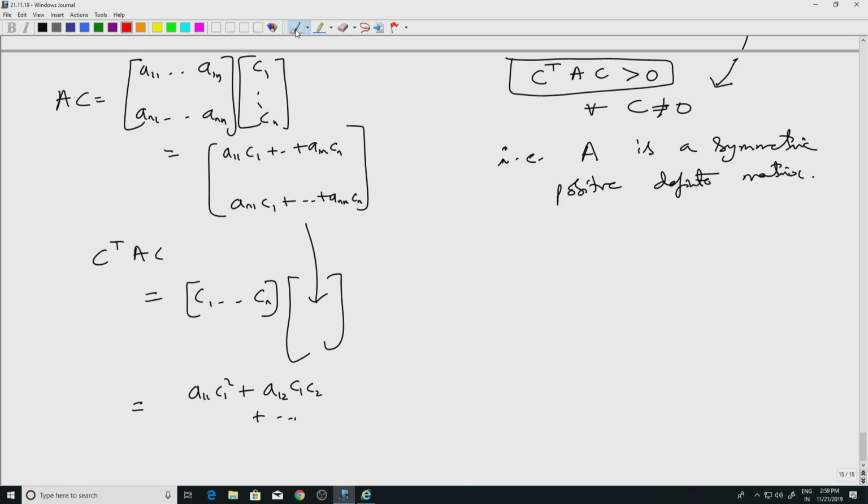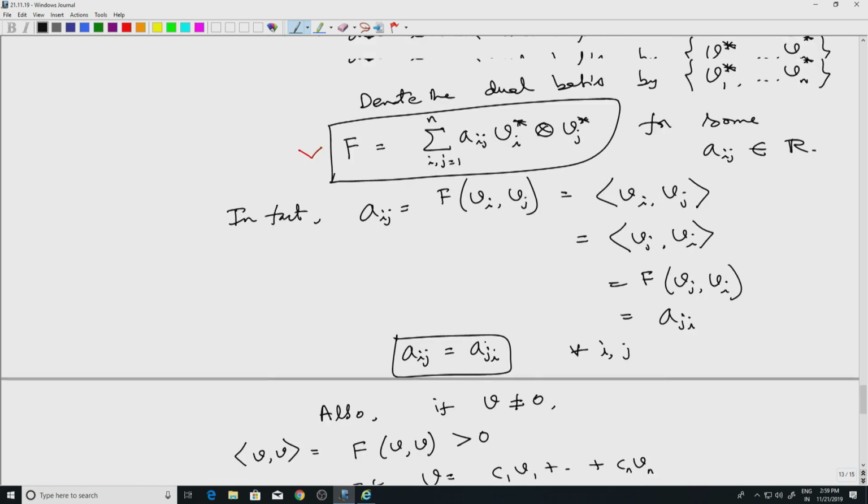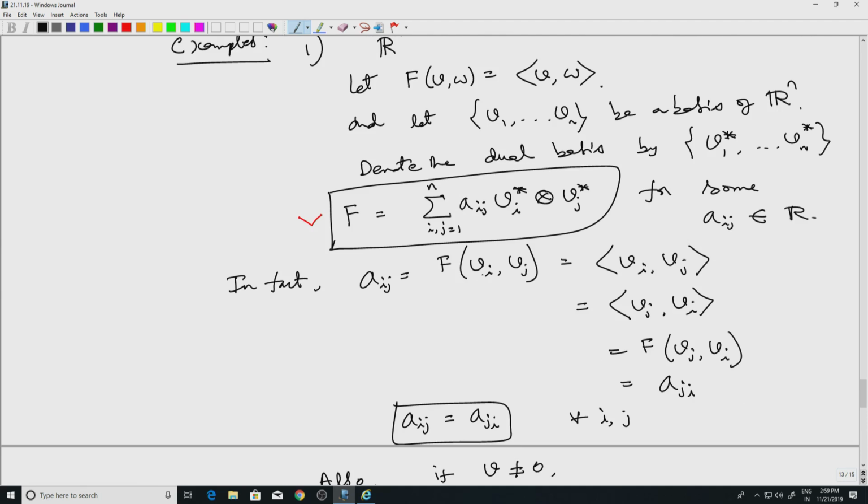However, if V1, V2, Vn is an orthonormal basis, then this inner product just becomes, well, again one is working with the same formula, except that now Aij, which is F(Vi, Vj), would be 0 if i is not equal to j.